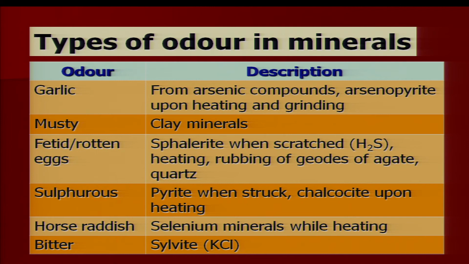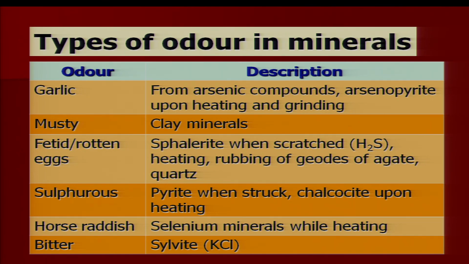Then fetid odor, similar to rotten egg, can be sensed from sphalerite when scratched or heated, or when rubbing geodes of agate or quartz, you get an odor which is similar to a rotten egg. So, this kind of odor is called fetid or rotten egg-like odor.